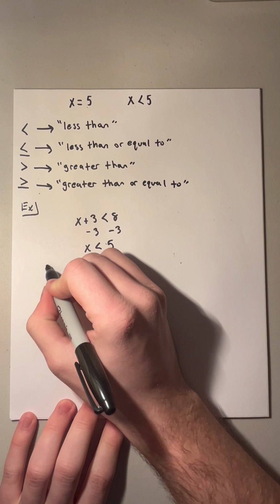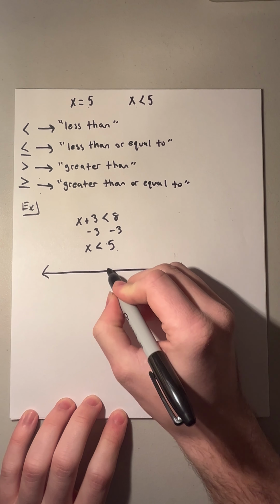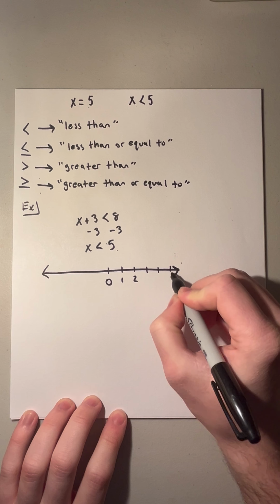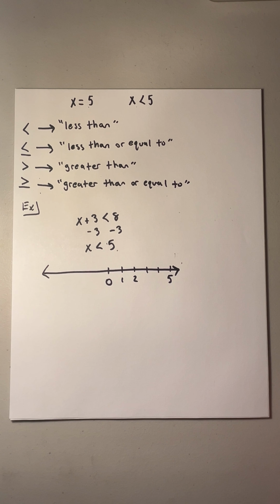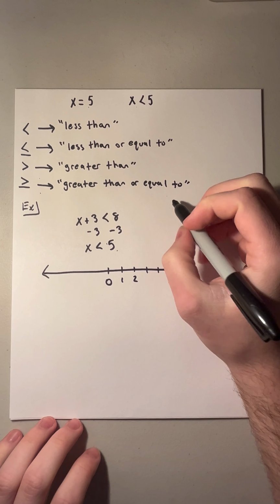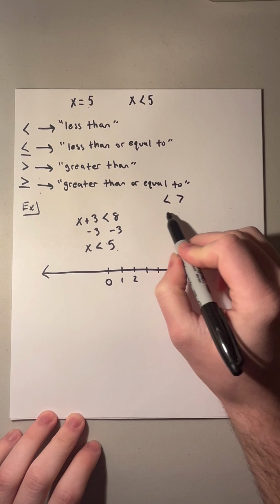Now, one thing you'll have to do is start showing your answers graphically. So let's do a number line with 1, 2, 3, 4, 5. Another very important thing is that when you're graphing your solutions, there's a rule on how to graph them.